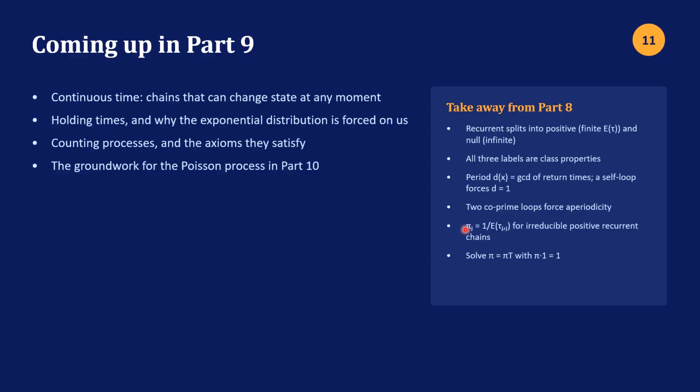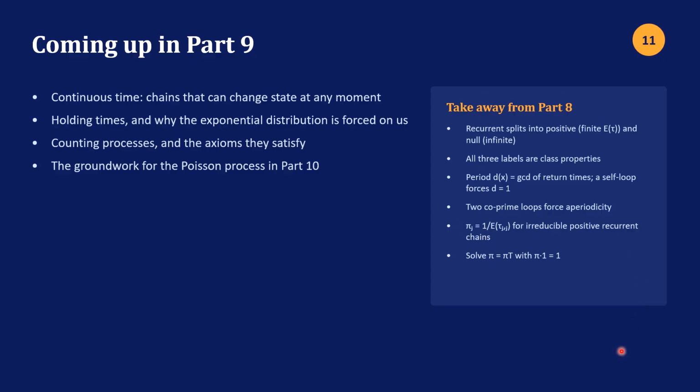Then we have the formula a couple slides back, where pi sub j is 1 over the expected return time going from j to j for irreducible positive recurrent chains. And then we just saw these equations here where we can solve for the components of pi and then get the long-term proportions of being in each of the states of a Markov chain.